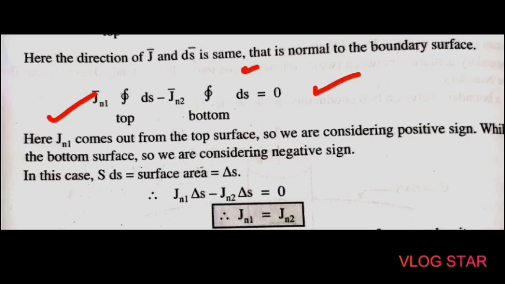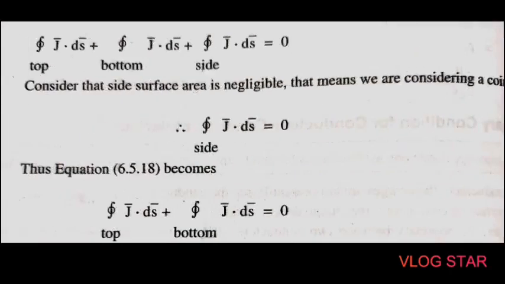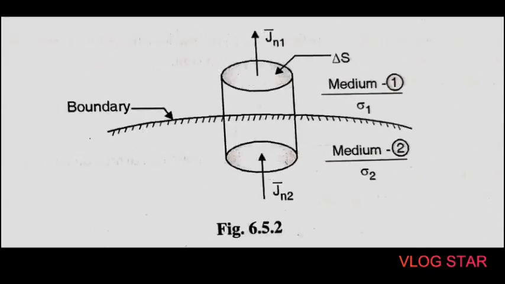Here the Jn1 comes out from the top surface, so we are considering it as a positive sign, while Jn2 enters into the bottom surface. We can see in this figure that Jn2 is entering this surface and Jn1 is leaving that cylindrical area.